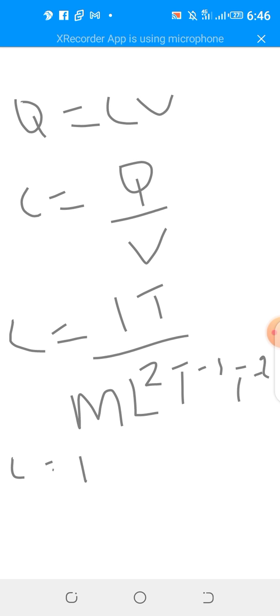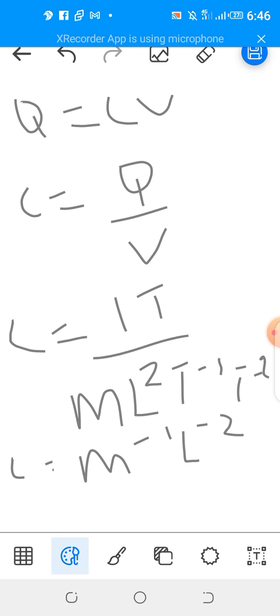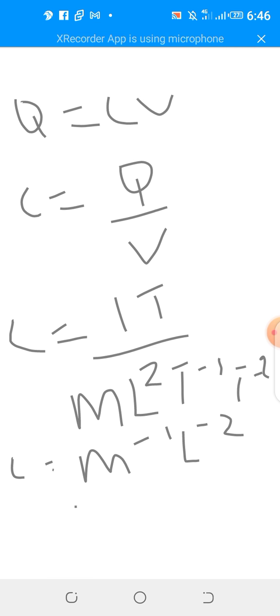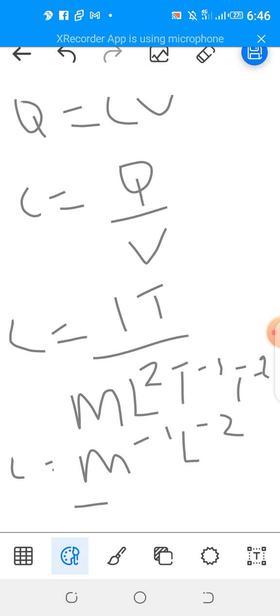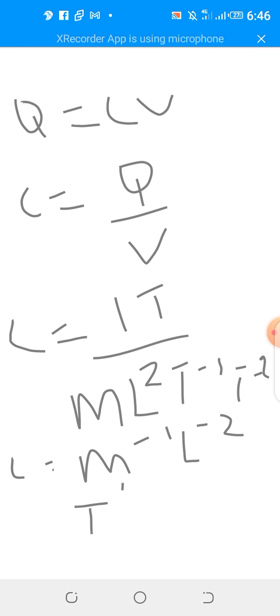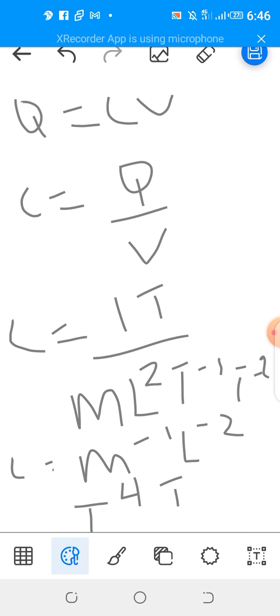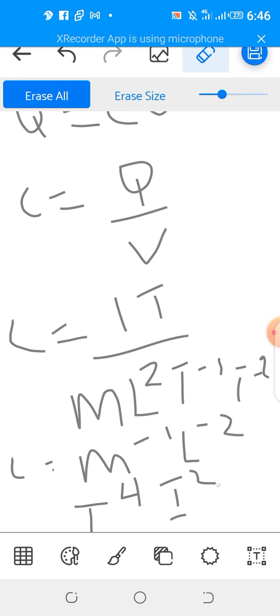M minus 1 L minus 2 T to the 1 minus 3, that's T4 I2. So that's capacitance. Okay. So the last one is thermal conductivity that we'll do here.